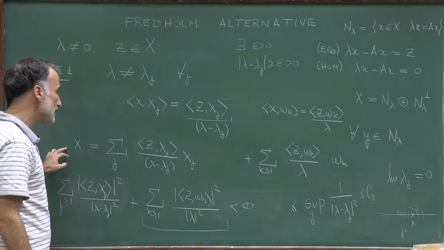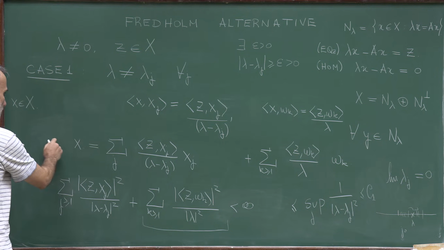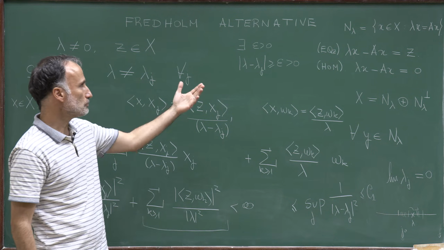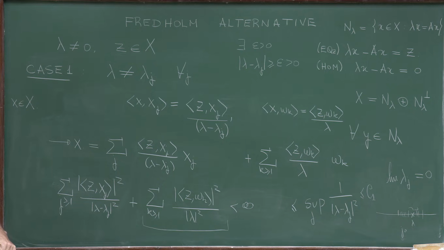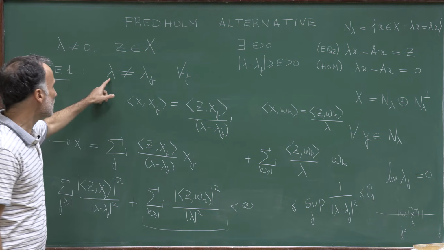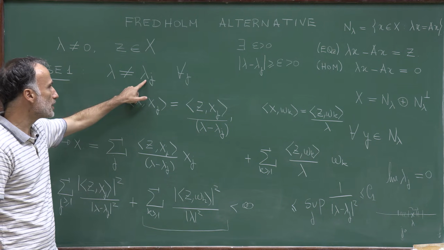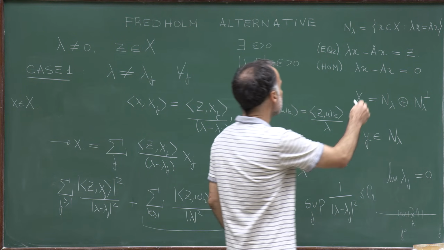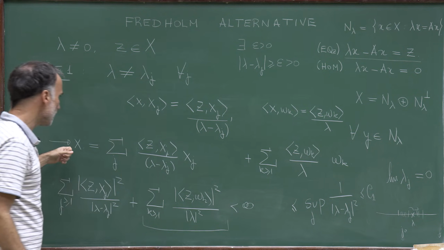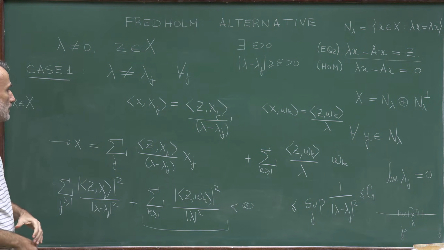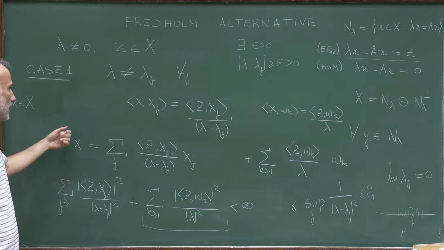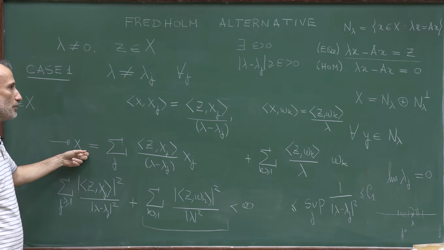So this proves that indeed this x given by this sum solves the equation, which proves that if λ is different from all λ_j's, this equation has a solution given by this expression, and this is the unique solution, because we have shown at the beginning that if x is a solution, it has to be given by that.